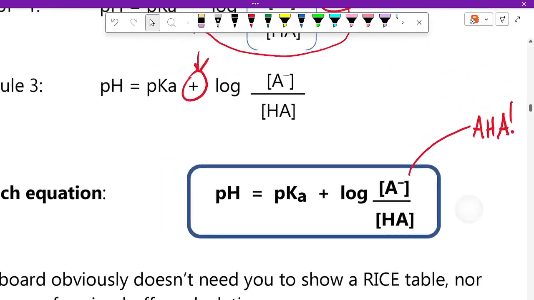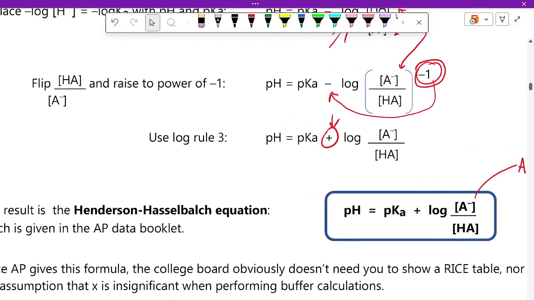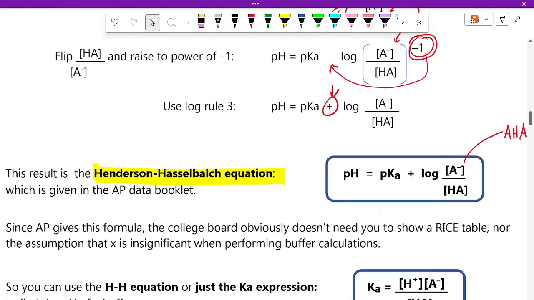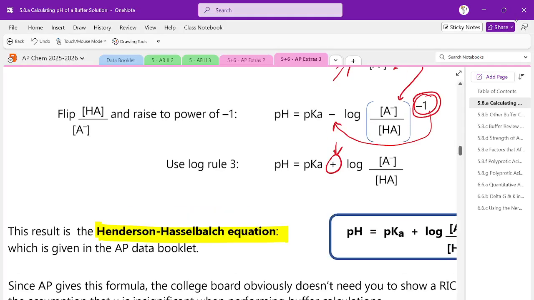The real answer is just because that's how they always do it. That's how it's done. The College Board gives you this formula. Let's go look at our data tables.